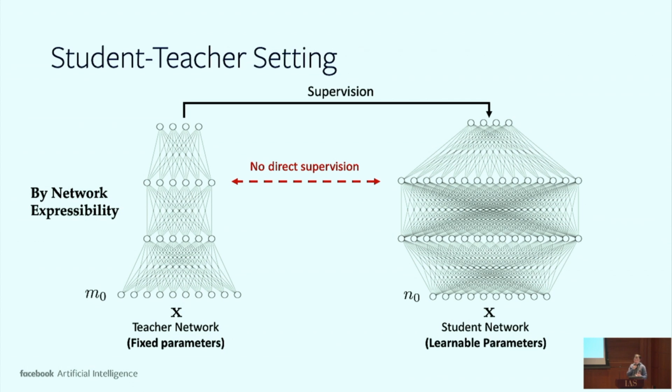And the student is trying to learn from the output of the teacher. The reason we can do that is, in some sense, network expressibility. Because you can find a network that can explain the data set quite well, then hopefully you can use that teacher network to replace the data set, and you can study the training procedure as well as generalization properties.